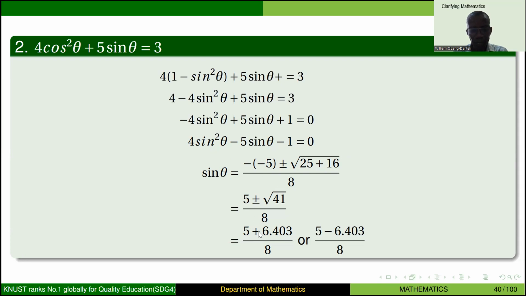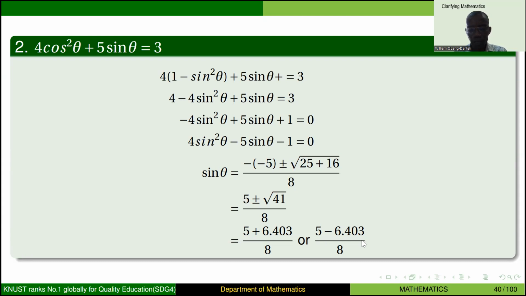Now 5 plus 6.403 over 8, the whole of this will give us something more than 1. And remember that our sine has values between 1 and -1 inclusive. So this is over that value. So move on to this one. We have 5 minus 6.403 over 8.